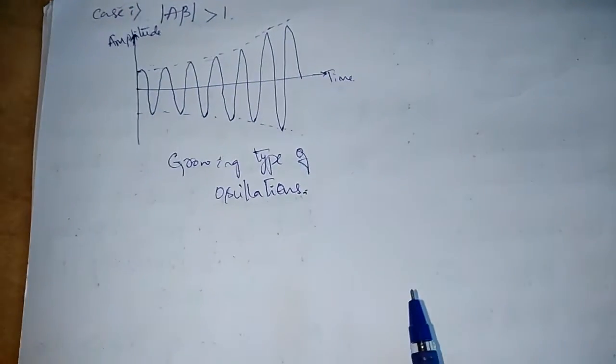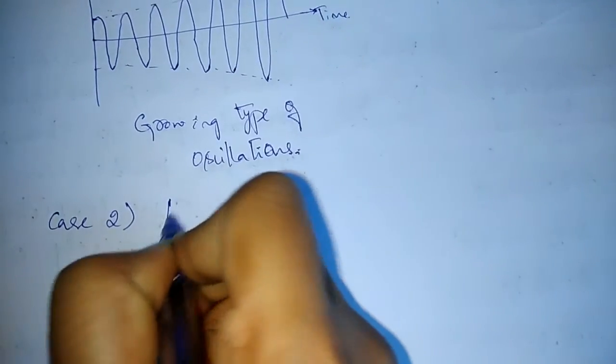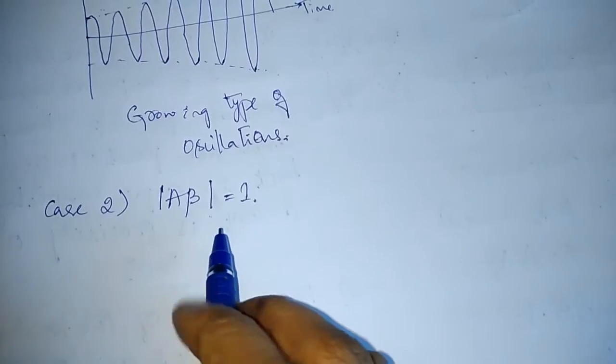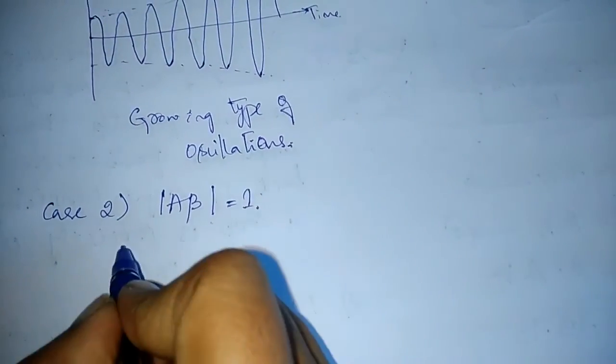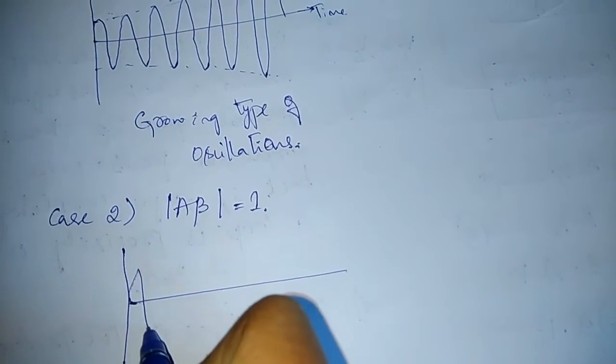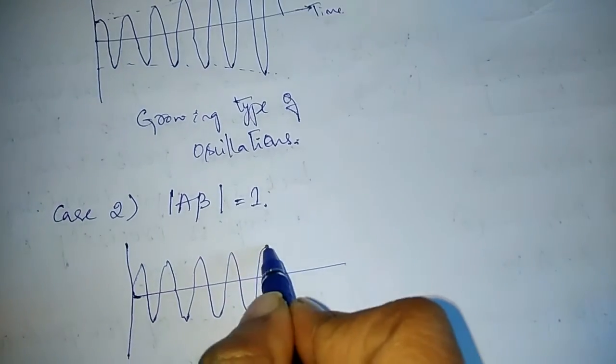The next case 2 is when A beta is equal to 1. This is the necessary condition. It gives rise to sustained oscillations with uniform frequency and amplitude.